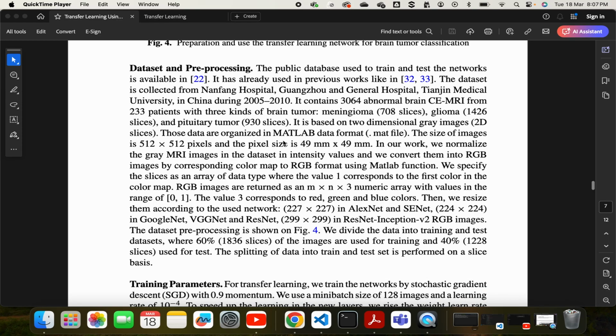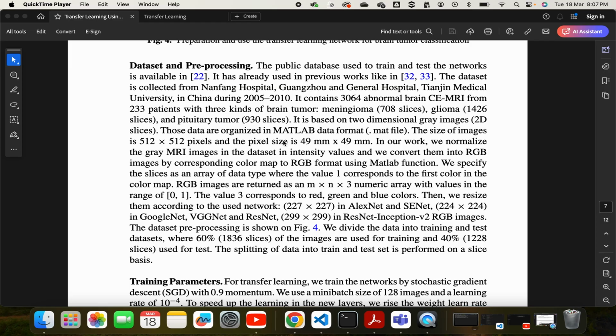The dataset was stored in MATLAB .mat format containing 2D grayscale MRI slices with a resolution of 512 by 512 pixels. Since most CNNs are designed for RGB images, the grayscale images were converted into RGB format using a color map function in MATLAB.